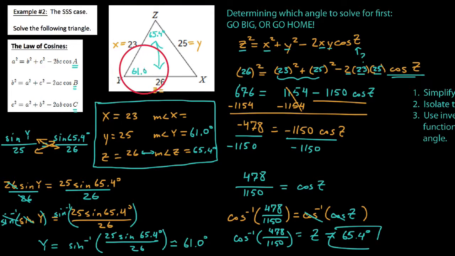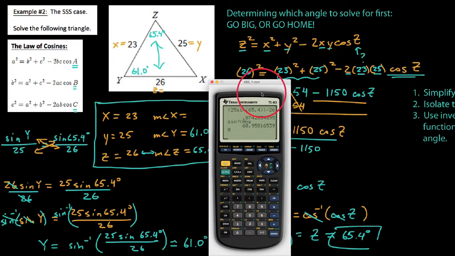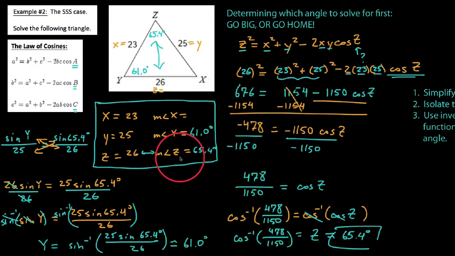And the thing to keep in mind here is, now that we know those two angles, we can solve for the third just by using addition and subtraction. So 61.0, or 61, plus 65.4, we'll take that away from 180, and what we get is about a 53.6 degree angle. So 53.6 degrees. We'll go put this on the picture here, and we have our triangle solved.